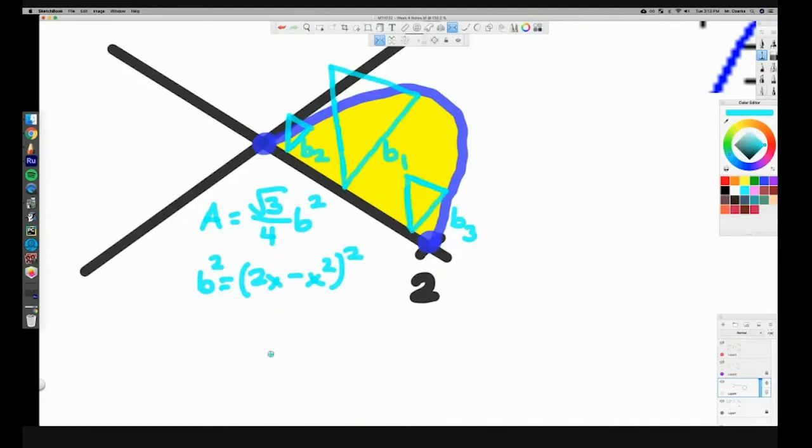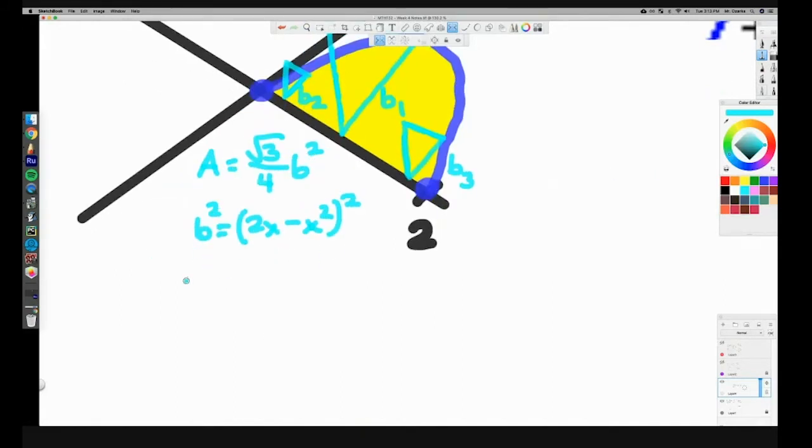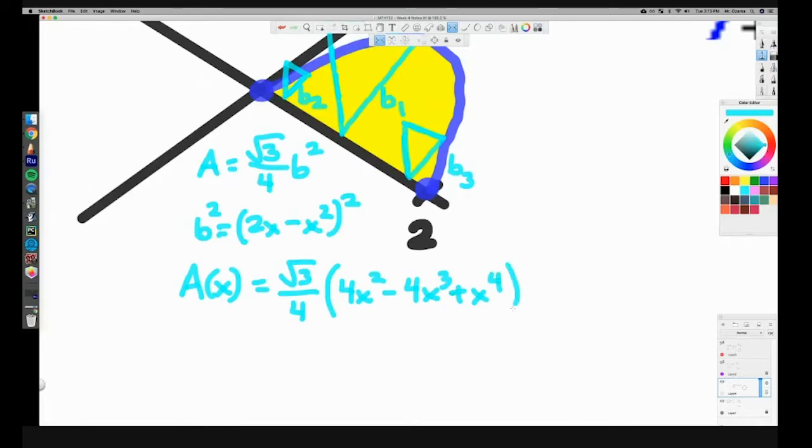So you just throw that in there. And then you get your final area formula in terms of x is going to be equal to √3/4. Now I'm going to square this all out because it's an easier antiderivative if we do that. So it's going to end up being 4x squared minus 4x to the third plus x to the fourth. I basically just expanded this out here.